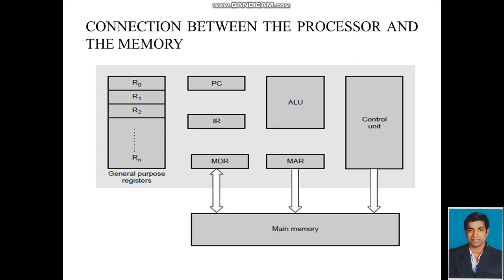We are using general purpose registers R0 to Rn. In this memory, we can access data bidirectionally, whereas the address is unidirectional. The processing unit provides the address to the memory.